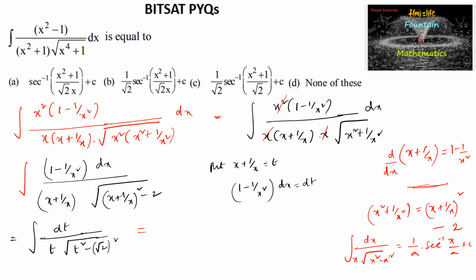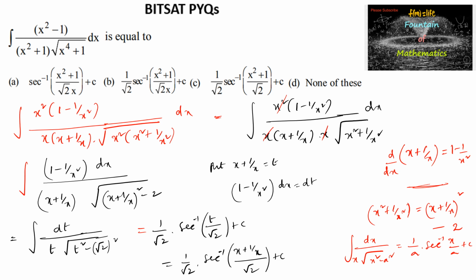So we can write here 1 upon root 2 into secant inverse of t divided by root 2 plus c, or we can write 1 upon root 2 secant inverse of, t value is x plus 1 upon x, upon root 2, plus c, and on simplification we will be getting 1 by root 2 secant inverse of x plus 1 upon x, we can write (x square plus 1) upon x into root 2, plus c, which is our option B. So option B is the answer.